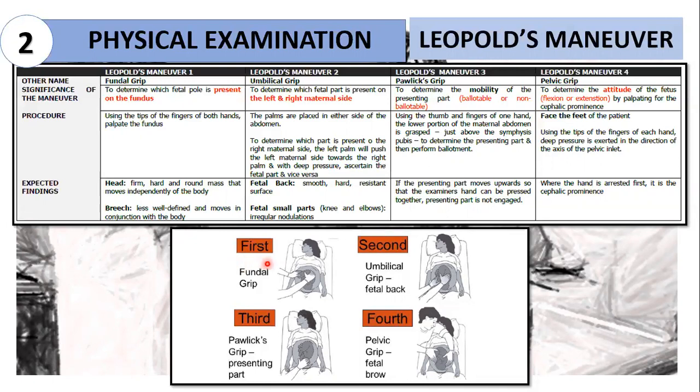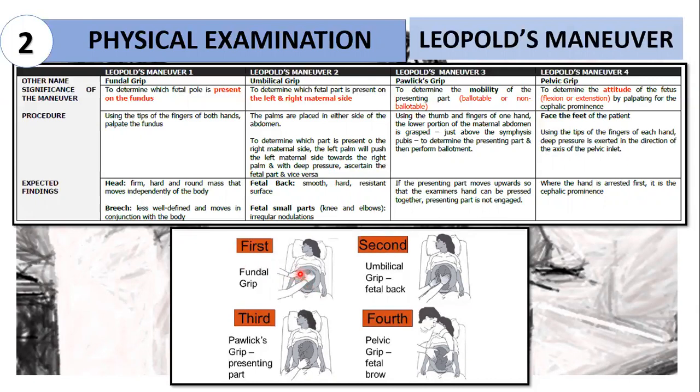Here at the pointer is the first maneuver, Leopold maneuver 1, which is called the fundal grip. This is done to determine what occupies the fetal pole or what occupies the fundus, which part of the fetus. Is it the butt or the head?